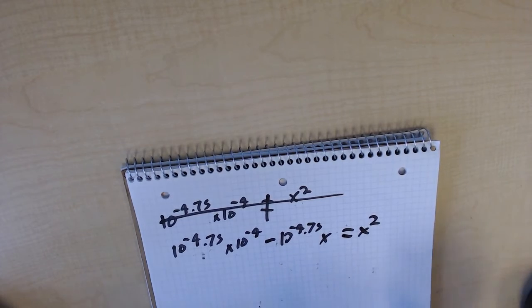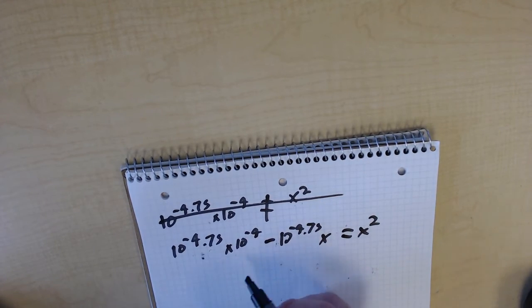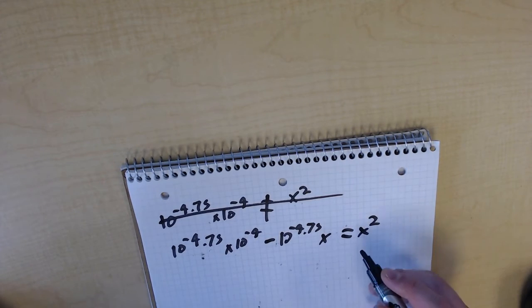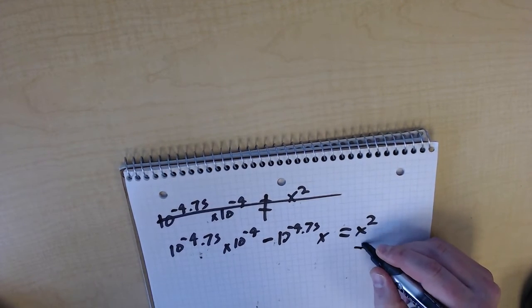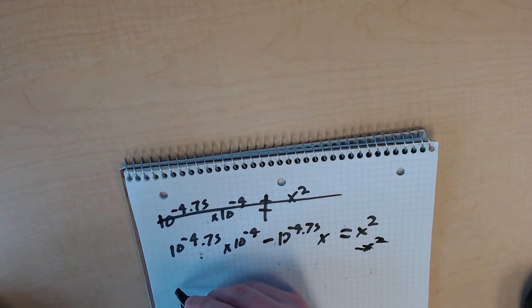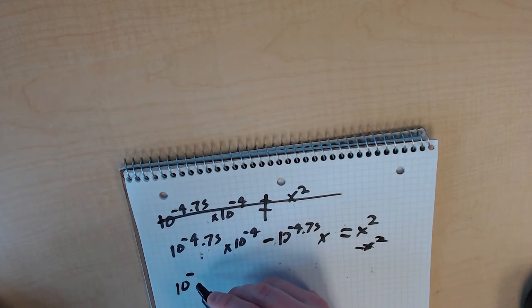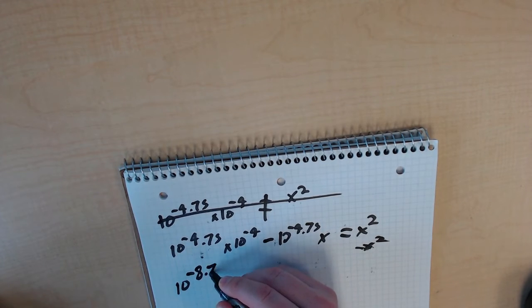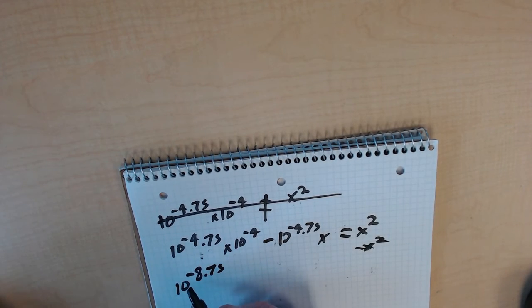And then the final step to make this a solvable quadratic equation is we're just going to subtract x squared over here. And so we're going to get 10 to the negative 8.75, because if you remember, when you have bases with exponents that are multiplied, you can just add them.